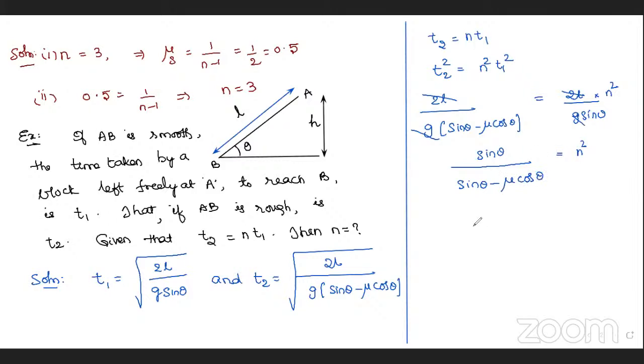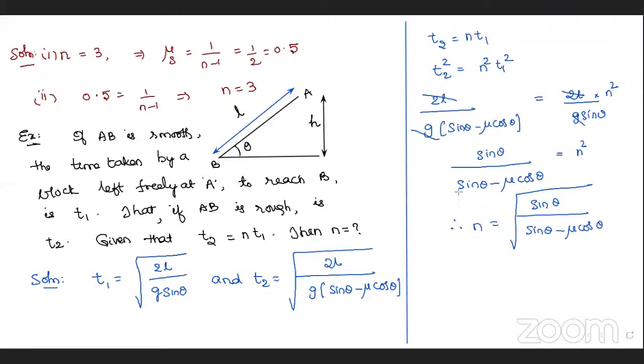Therefore, n is equals to root of sine theta by sine theta minus mu cos theta. Am I right, Nana, or any mistake in my explanation? Any corrections required? No corrections. Right, good. This is the final answer.